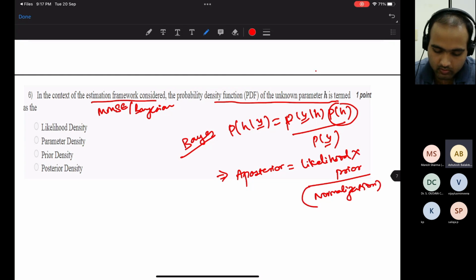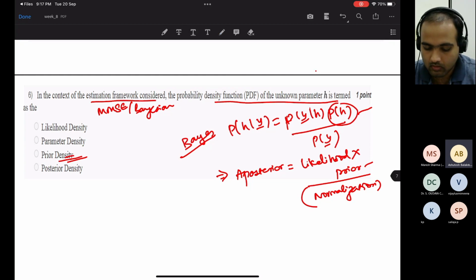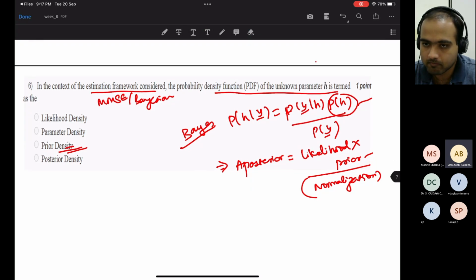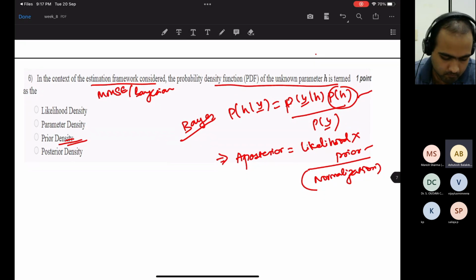So the PDF of the unknown parameter h, which they have asked, is p of h, and this is called the prior PDF, the prior density. Is it fine?